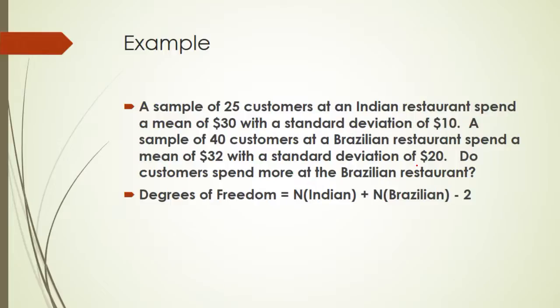So, our test statistic, actually. A sample of 25 customers in an Indian restaurant spends a mean of $30 with a standard deviation of $10. A sample of 40 customers at a Brazilian restaurant spends a mean of $32 with a standard deviation of $20. Do customers actually spend more at the Brazilian restaurant? Okay, so step number 1 is to figure out how many degrees of freedom we have.